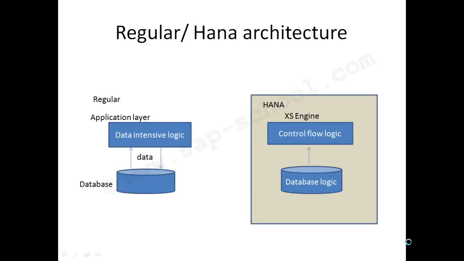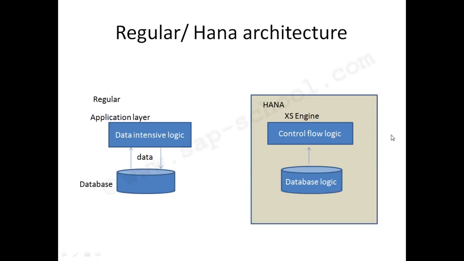As I've mentioned before, in a regular database we need to get data from the database into the application layer, perform all the data intensive logic there, and bring it back to the database. Versus in HANA, where you have the access engine, which is the application server, it is a small layer compared to the database, because most of the data intensive logic is done in the database, and we need only a very small layer for control flow logic.